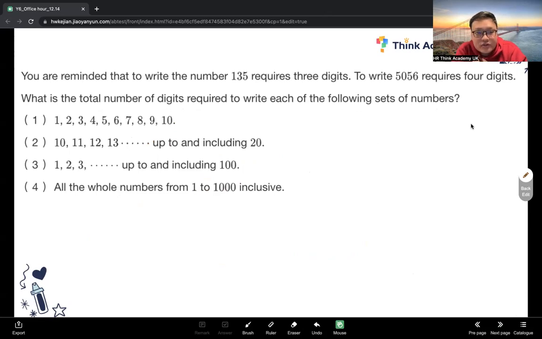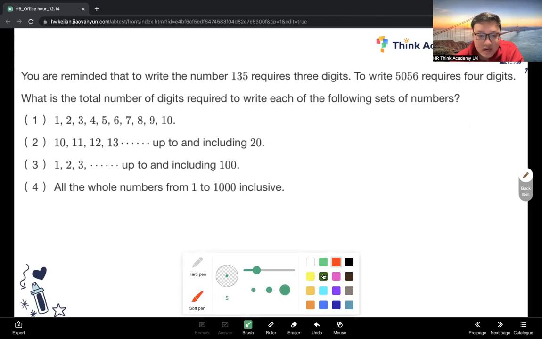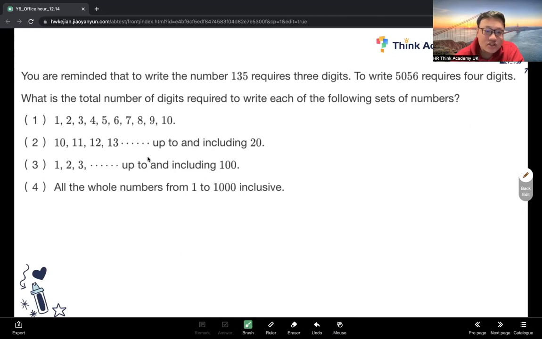And what is the total number of digits required to write each of the following sets of numbers? First question, what's the answer? Easy one. 11, that's right. From 1 to 9, each one gives you 1 digit, so that's 9 numbers times 1, and also 1 number, which is 10. You need to use 2 digits. So that'll be 11.